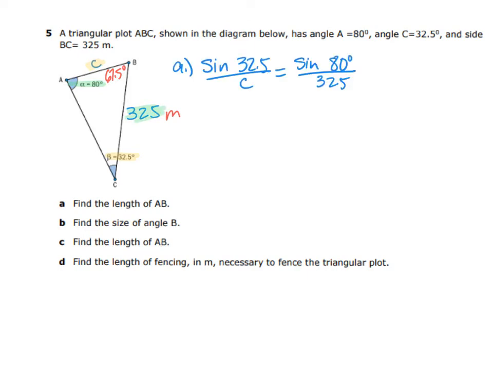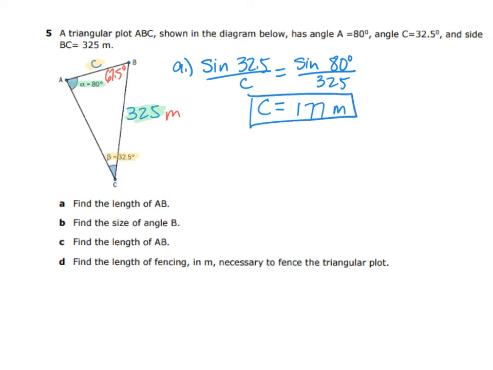So there's our equation using the law of sines. And when we cross multiply and then divide, we're going to get that c is equal to 177 meters. Okay, and that's a linear unit, so there's part A.